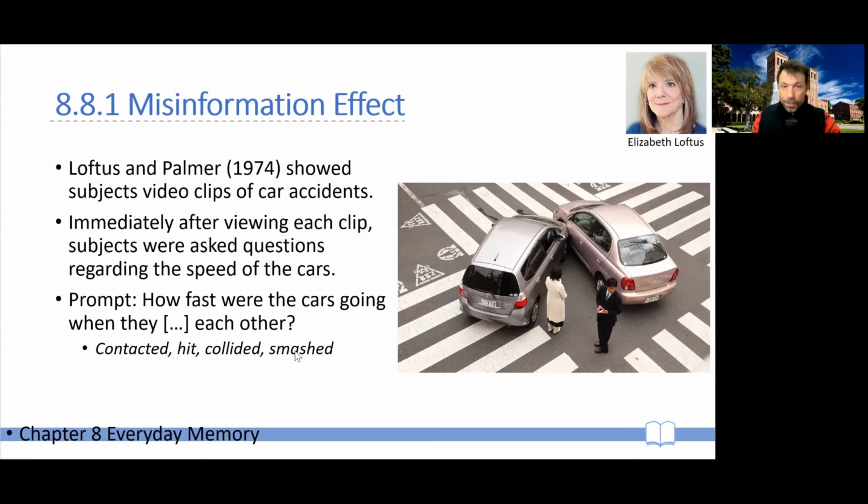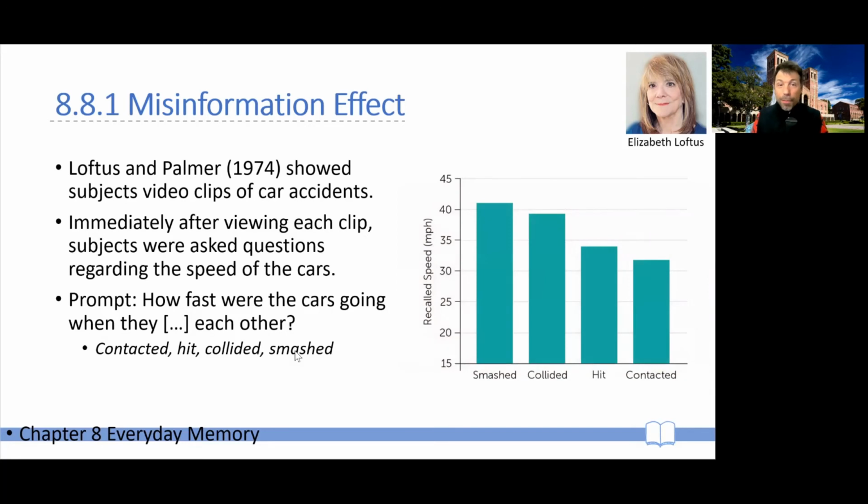Turns out, you'd think this couldn't possibly affect what you've seen with your eyes, but memory is reconstructive. Turns out that if you heard the word smashed, your average guess as to how fast they were going is perhaps just about 41 miles per hour.